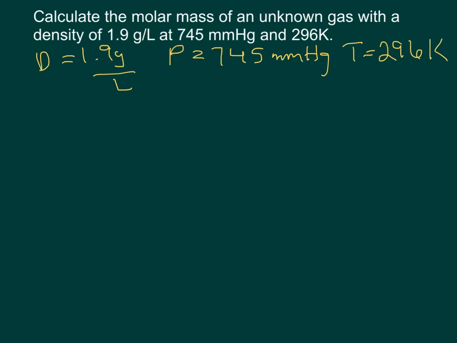I also know, given my pressure units, that my R is going to be 62.4 millimeters of mercury liters per mole Kelvin. And again, because I'm given density of this many grams, 1.9 grams per 1 liter, my volume, again, is 1 liter.